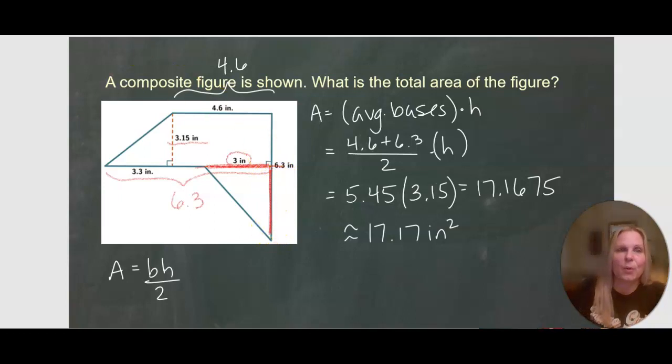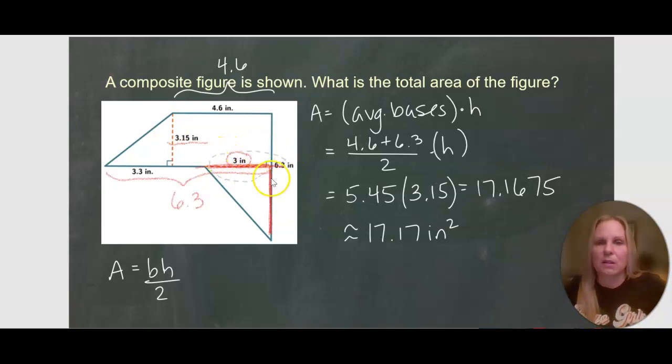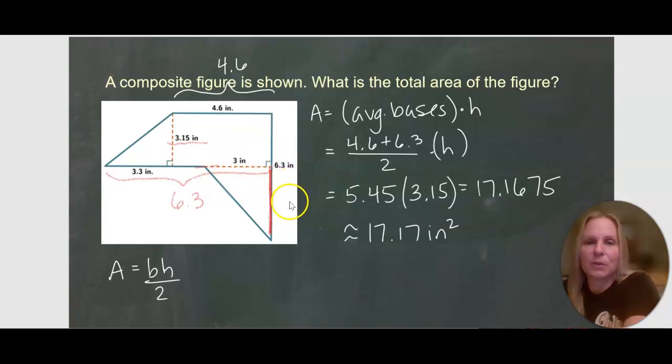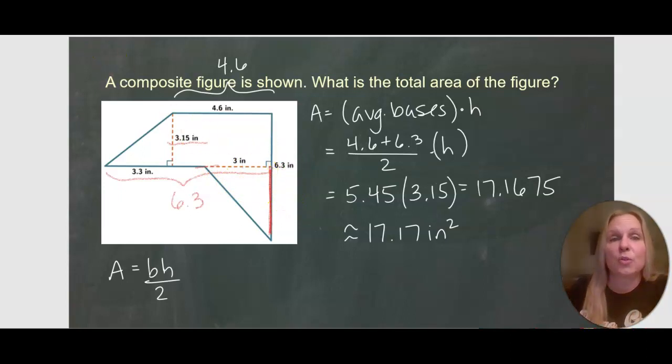Well, if the whole thing, let me just erase that just to make sure that I'm looking at the right thing. Just real quick, you guys. I just want to make sure that I'm reading that number correctly. Yeah, 6.3. So the whole side is 6.3, right? This whole side here is 6.3.